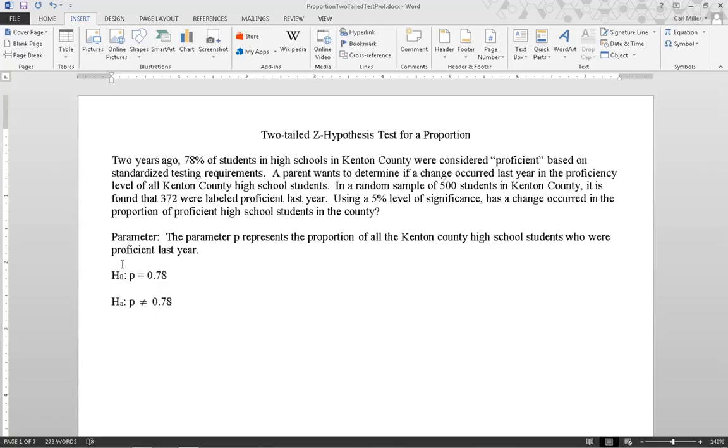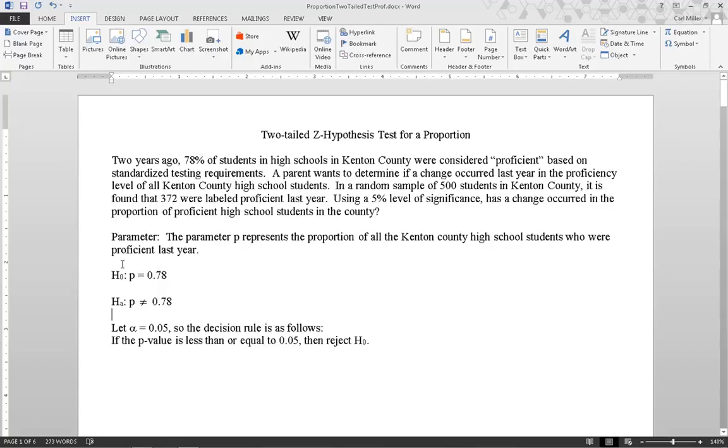We will use this to calculate the p-value later, but keep in mind we're making the decision now, at the point we are stating the alternative hypothesis, to check the chance that a sample would be as far away from the mean, the 0.78 value for the proportion, in either direction, to the left or to the right, when we find the probability or the p-value.